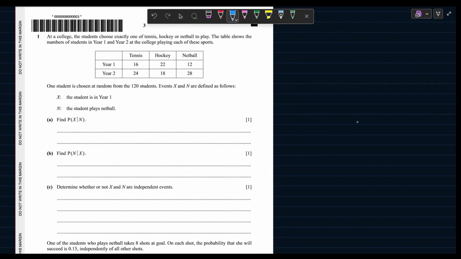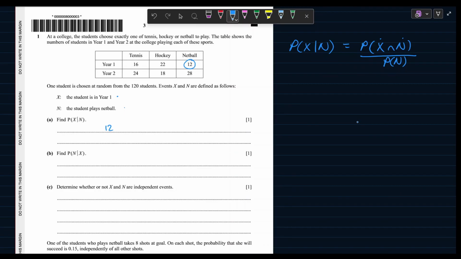So the formula for conditional probability, if we're dealing with X and N, is the intersection of X and N divided by the probability of N. The probability of X intersection N is the student is in year 1 and plays netball, which is 12.